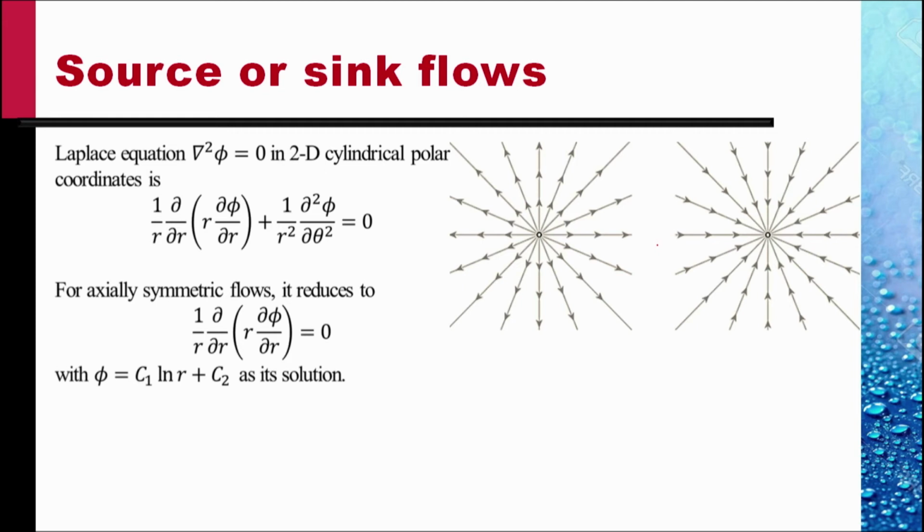Just like stream functions and velocity potential, we can add an arbitrary constant to any of the velocity potential and stream functions because it's only the difference of the stream functions or the gradient of velocity potential that matter.